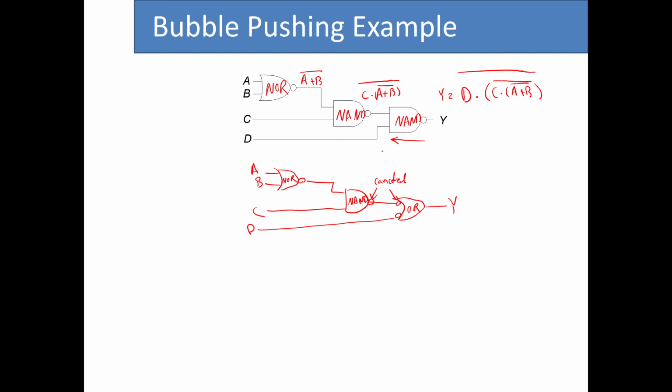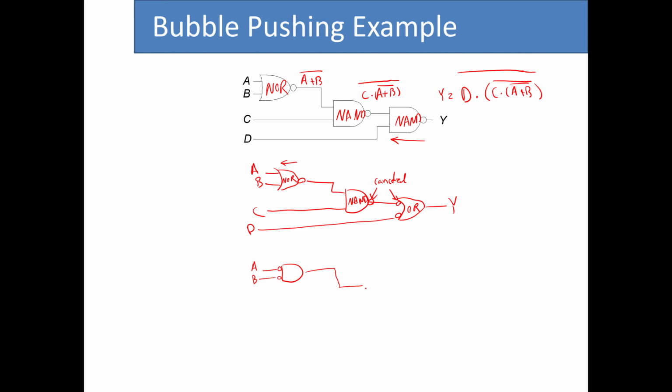Now what is left is that we can push the bubble here too. So let me rewrite it with the bubble pushed through this NOR gate as well. The NOR gate becomes an AND gate. Now we have bubbles at its input. So here is A, here is B.